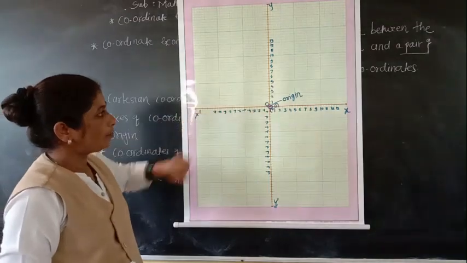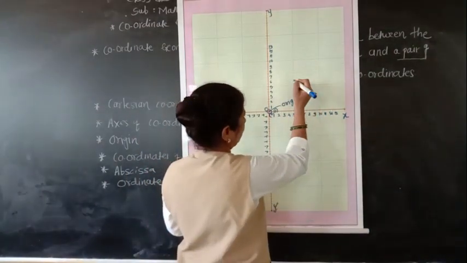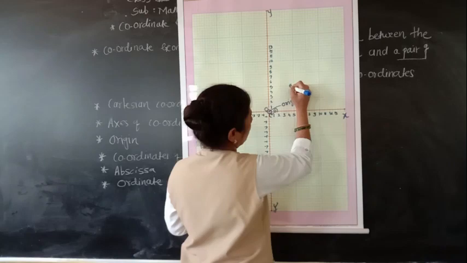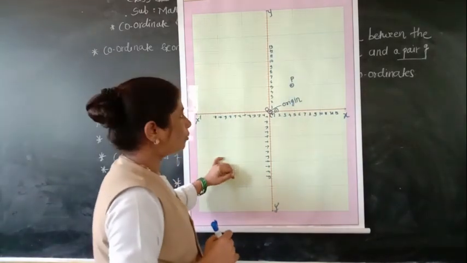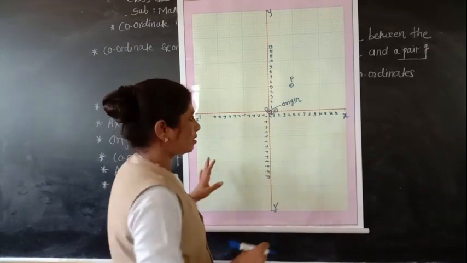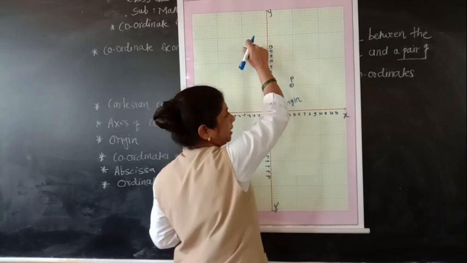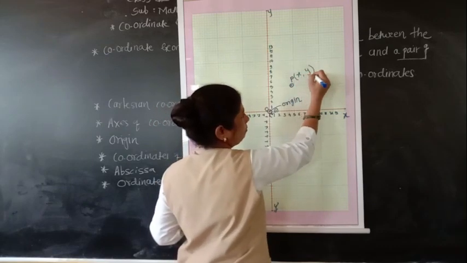Okay. Now suppose we take one point, for example here. This is my point P, right? So here we have this x-axis and this y-axis, and the point is x comma y.